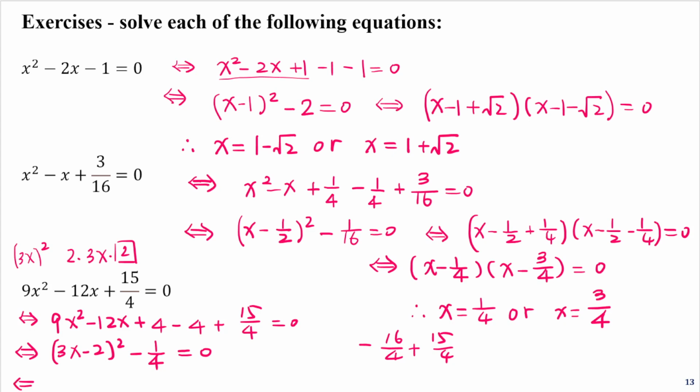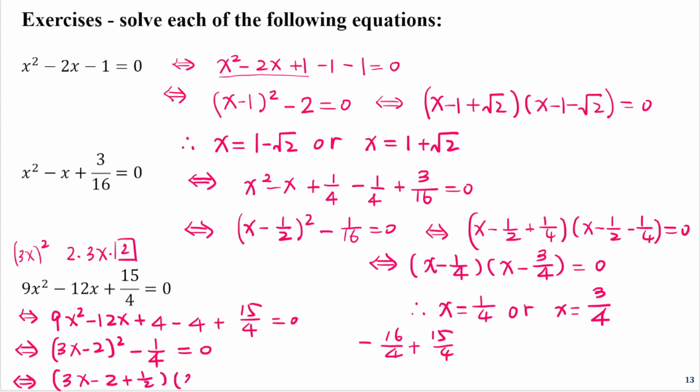And this can be further factorized to 3x minus 2 plus 1 over 2 times 3x minus 2 minus 1 over 2 equals 0, which is equivalent to 3x minus 3 over 2 times 3x minus 5 over 2, right? Equals 0.